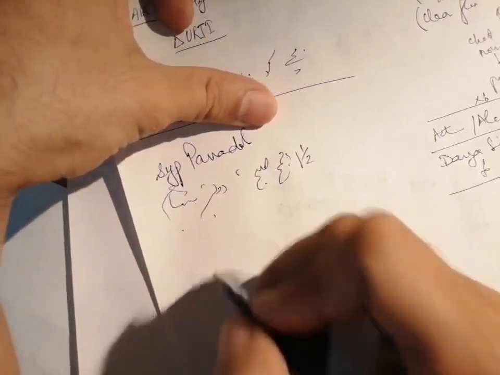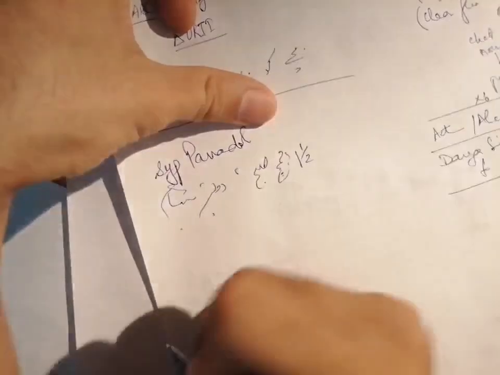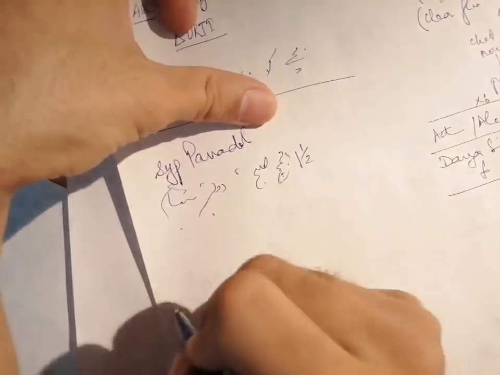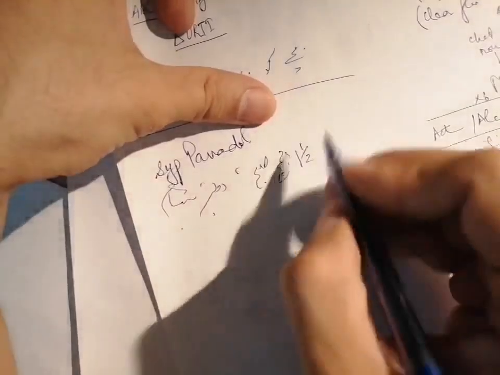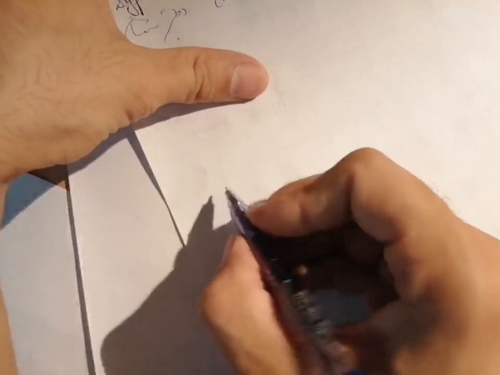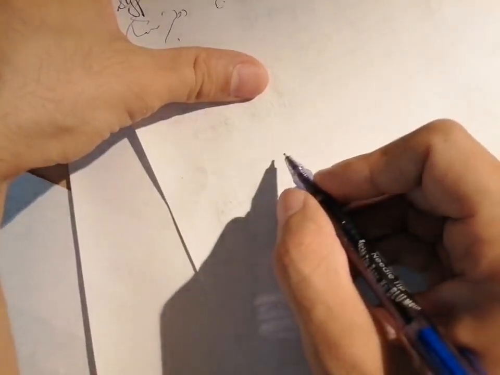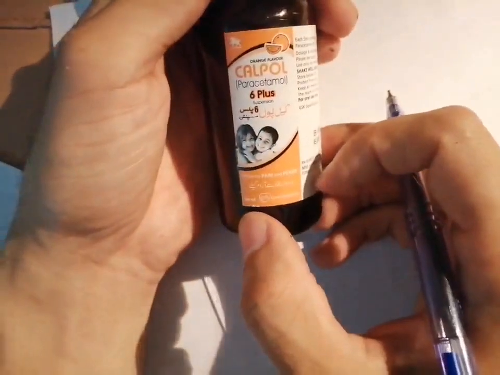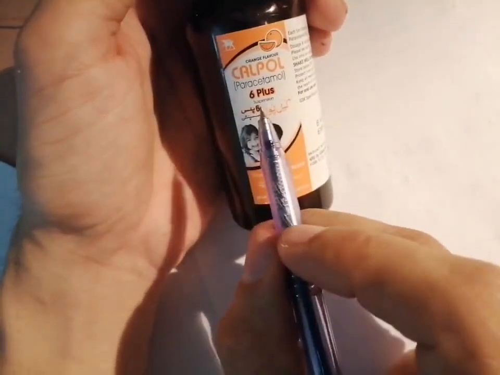How do we correct it and why it is wrong? ये कौन से वाला चम्मच है? What size is this spoon? You should write this in mLs. First of all, let's say if I have to show you a syrup, I have here with me syrup Calpol, and it writes as 6+.